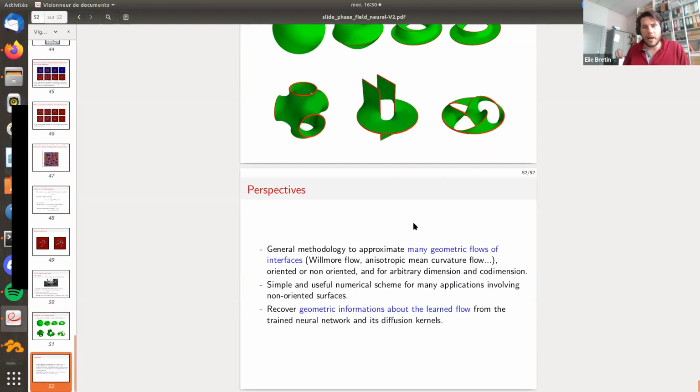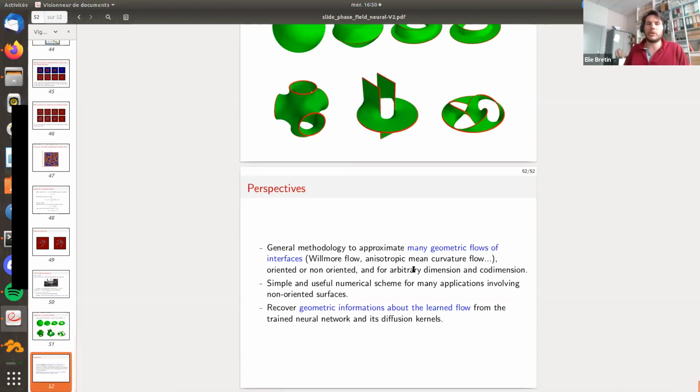Okay, so I just finished my talk, and to conclude, we present here a general methodology to approximate many geometric flows. We only consider in this talk perimeter, but we tested it with more flows and isotropic mean curvature flow, and it also works in the oriented case and non-oriented case.